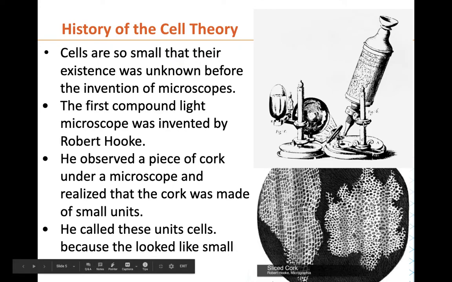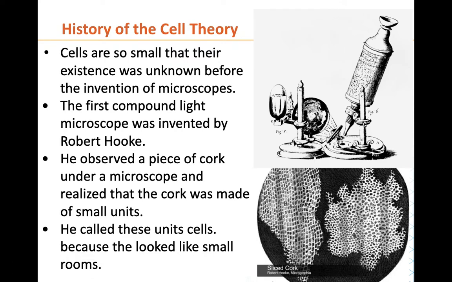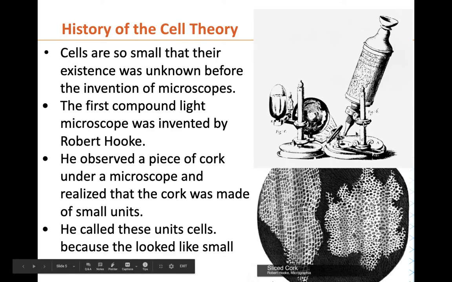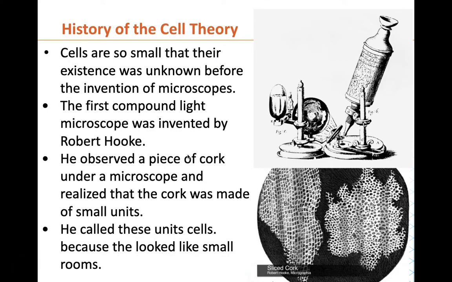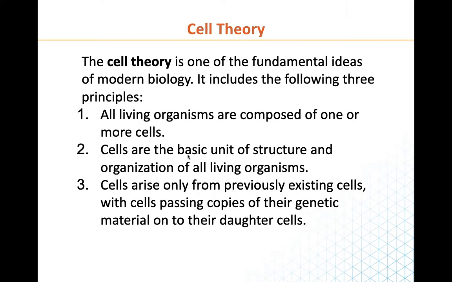But he decided, wow, living things, or maybe not all living things because he wasn't sure about that, but cork at least is made up of cells. So the reason he called them cells is because they look like little rooms, and cell is just a word for a small room, right? So he was the guy who first discovered and named cells. Robert Hooke, okay guys? Don't forget that name.